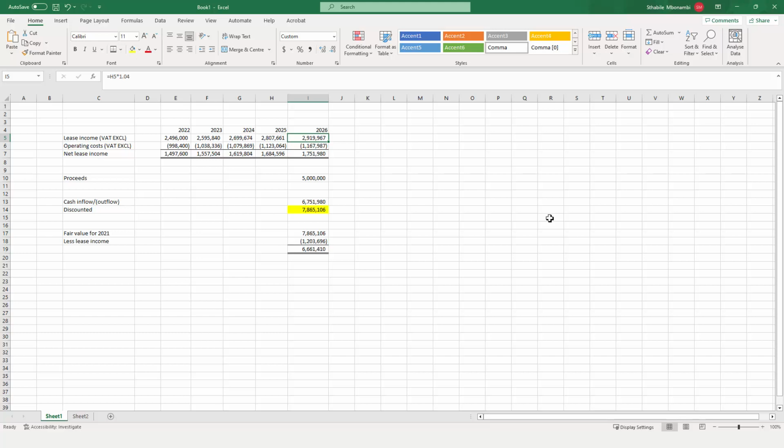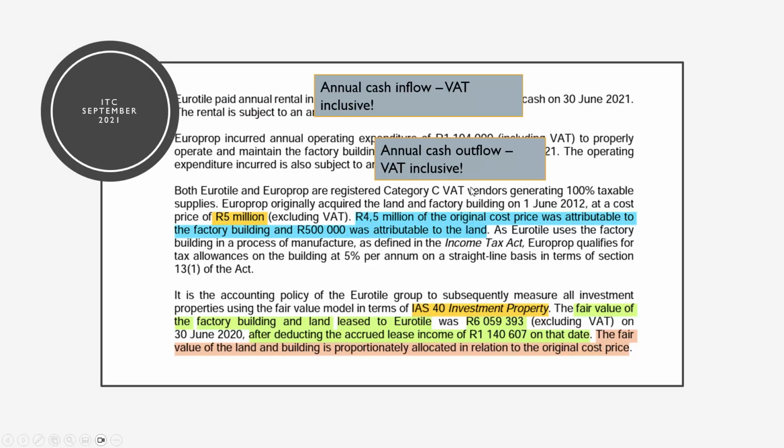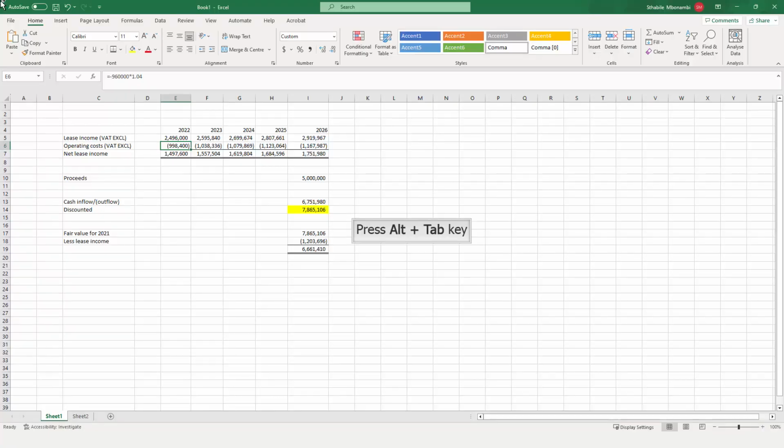These operating costs were determined by this journal, 960,000 Rand, times 1.04. If you wanted to waste time, you could have said 1.104 times 100 over 115 to strip off the VAT, and then multiply it by 1.04 each year. But I wanted to save time, and that's what I did, and I multiplied it for each year.